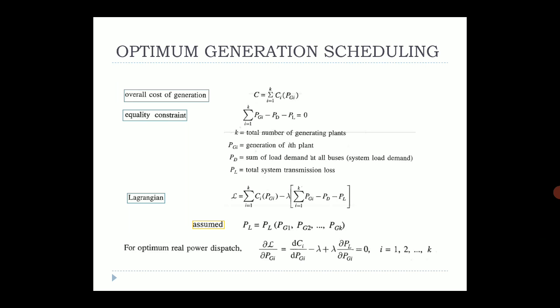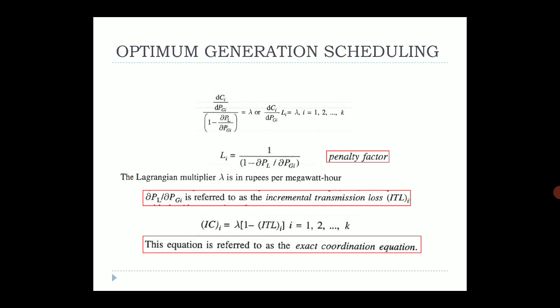For the optimal power dispatch, we need to differentiate it, and differentiating, we get this equation. Previously there was no denominator. If you check the case without the transmission loss, there was no denominator, only dC by dPG equal to lambda.